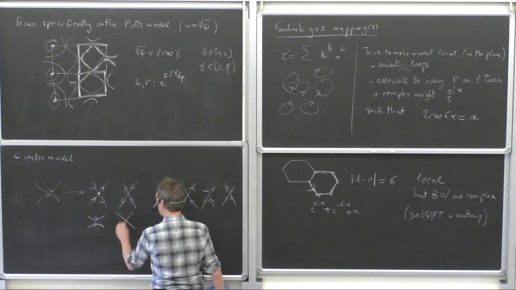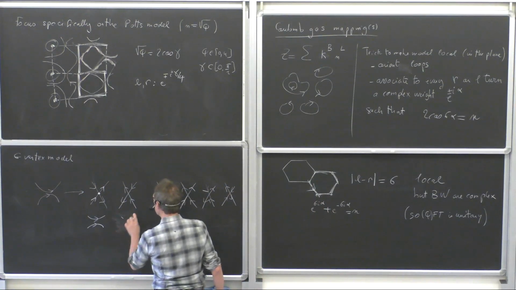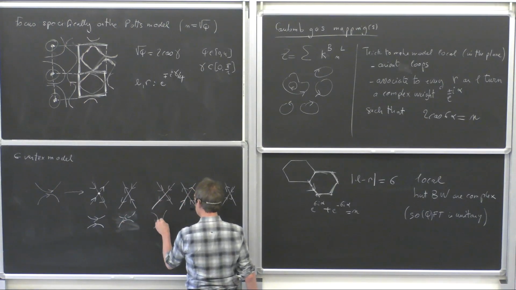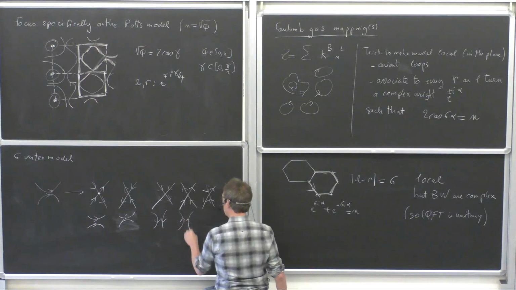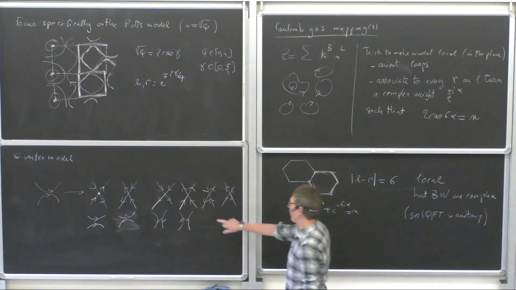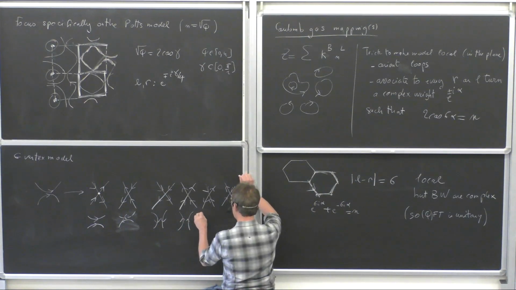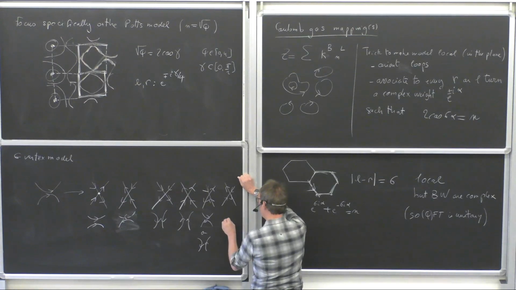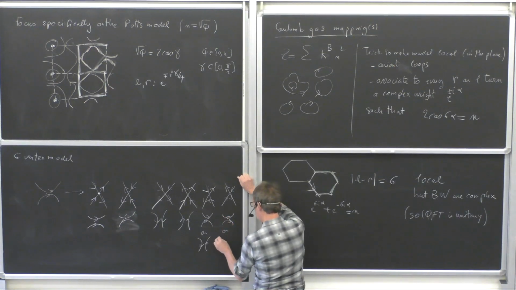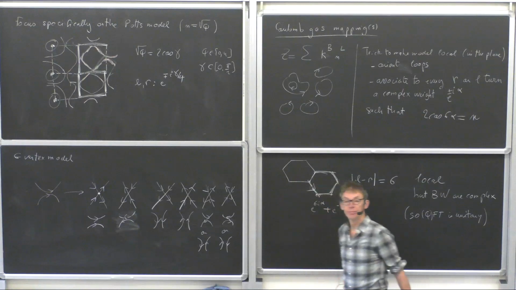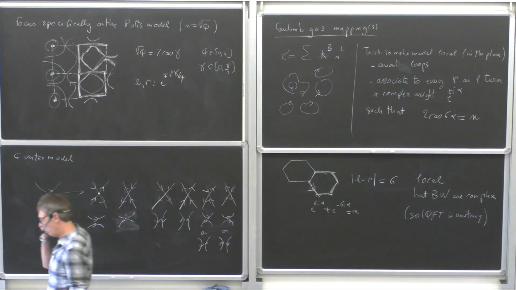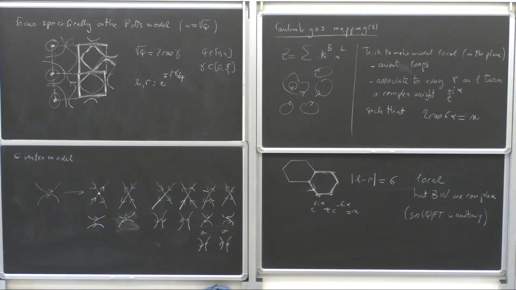This guy can only come from that. This one can only come from this. This one can only come from that. But these are more interesting, because this one can come from this or that. And this one can come from this or that. So the 6-vertex model can in fact be mapped onto the loop model when you understand this feature.